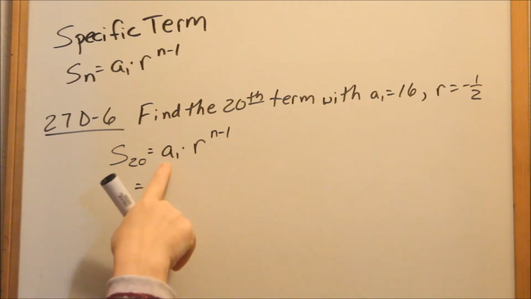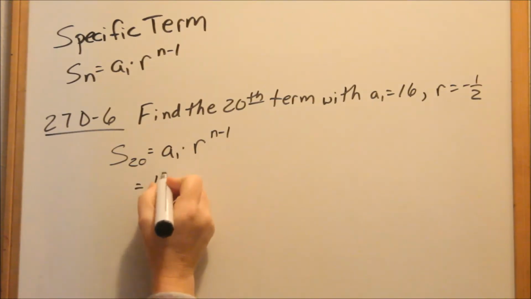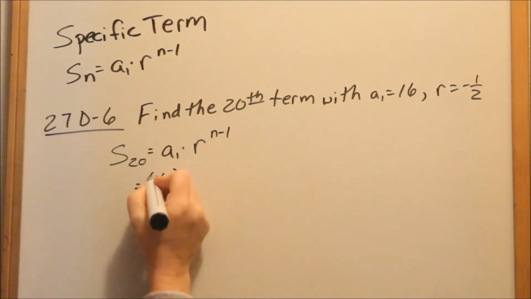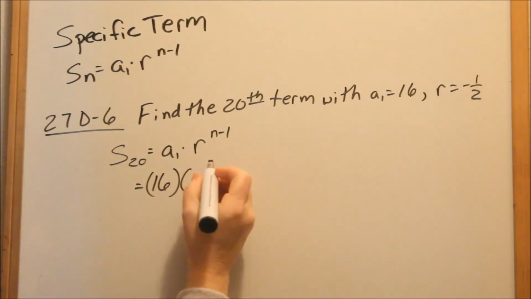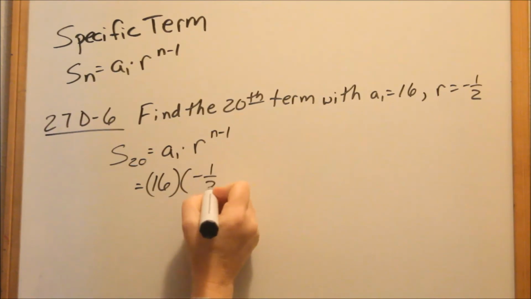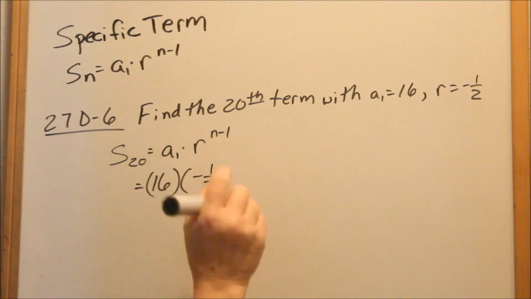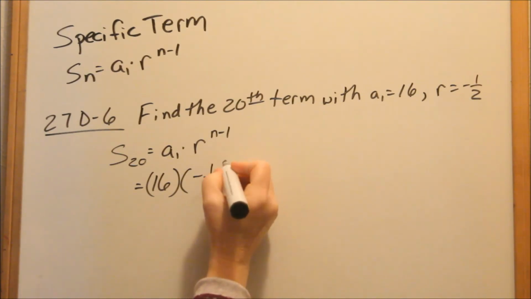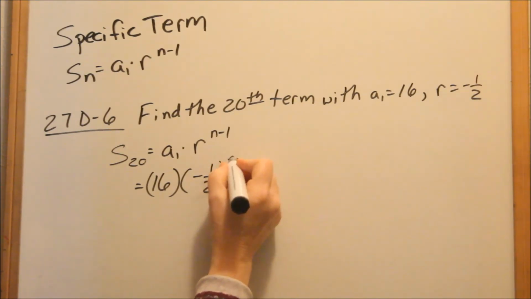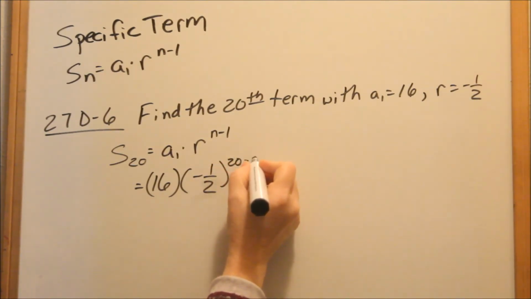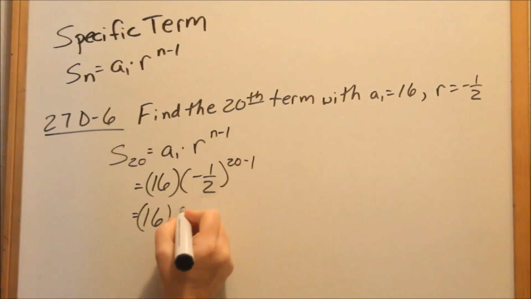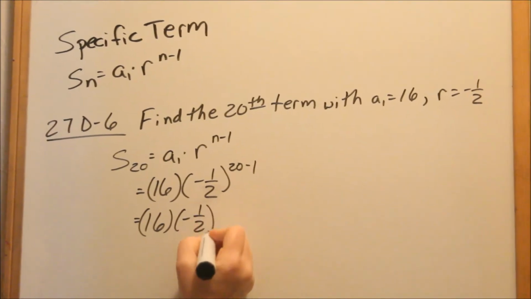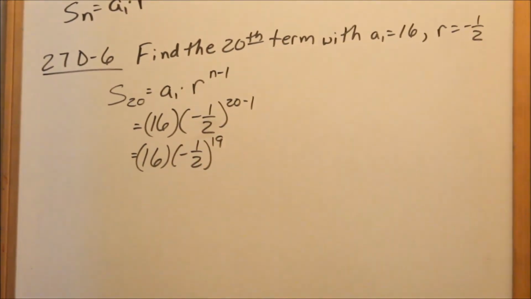So a sub 1, the first term, is 16, they've told us, times, I'm just going to put that in parentheses so I know it's multiplication, r, negative 1/2, raised to the n minus 1. n was 20, the 20th term, minus 1. So 16 times negative 1/2 to the 19th.